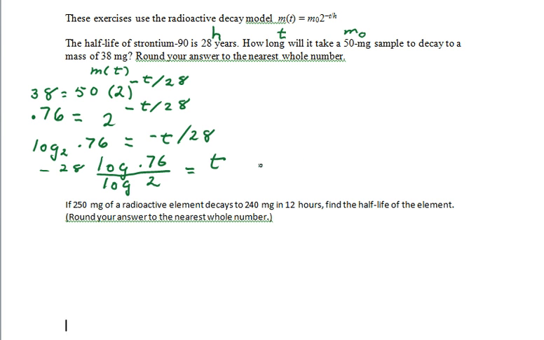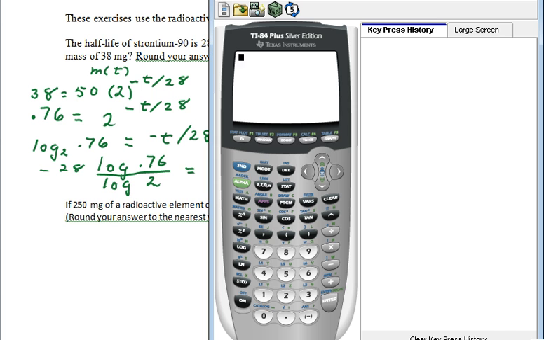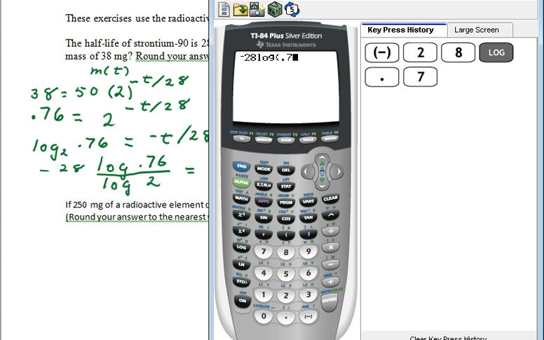And we can get an approximate answer for t using our calculator and entering negative 28 log 0.76, close the parentheses, divide log of 2.